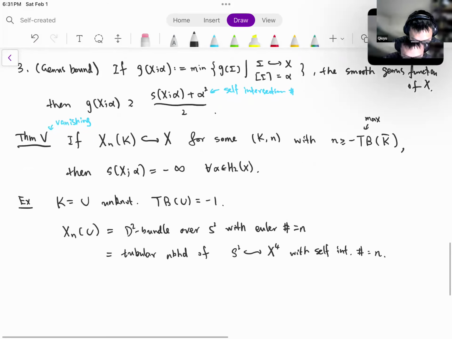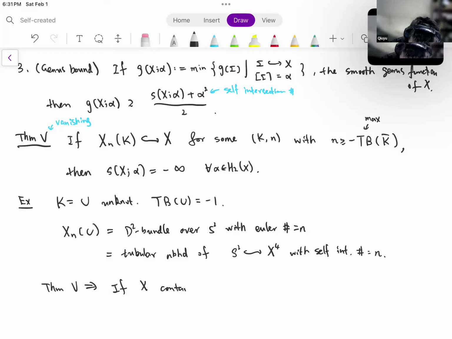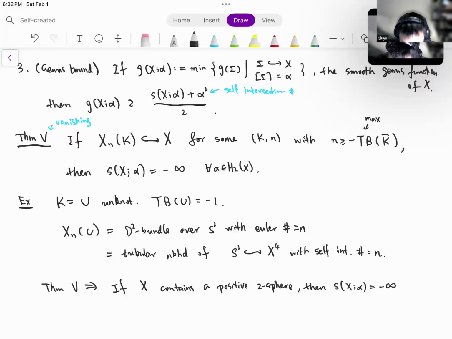So what does theorem V say in this case? Well, if you unwind the statement, it says that if my four-manifold X contains a positive two-sphere, meaning a smoothly embedded two-sphere with positive self-intersection, then all the Lasagna S invariants of X are negative infinity.